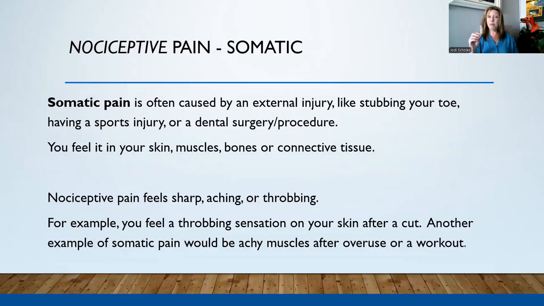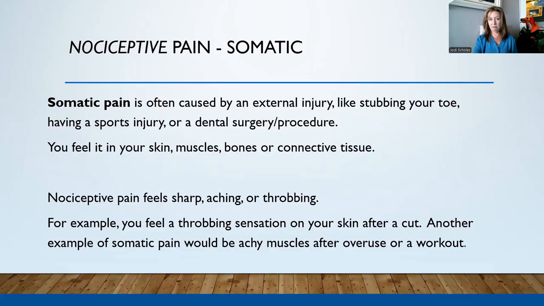So there can be injury, there can be disease, or there could be surgery, right? So the examples I use here is stubbing your toe, having a sprain or strain, a sports injury, a surgical procedure like dental surgery. You feel it in your skin, your muscles, the bones, the connective tissue.